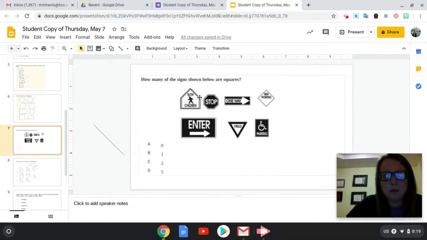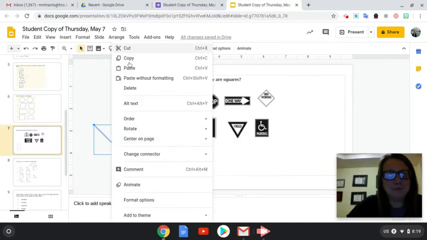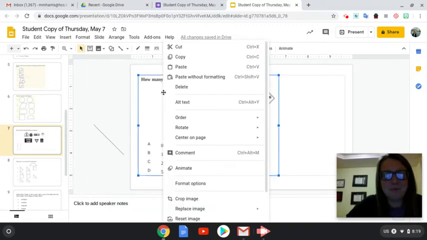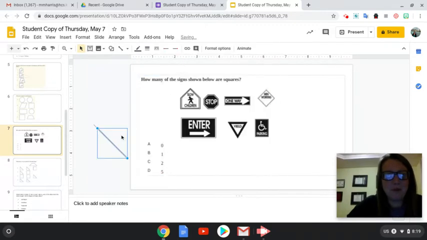So we know that this is not one. All right. Is this one? No. Is this a square? Does it have all congruent sides? No.